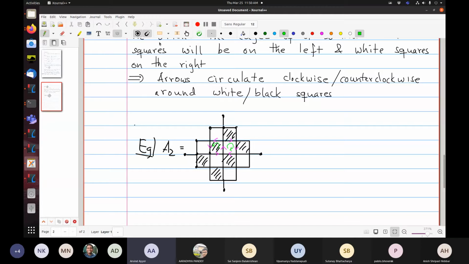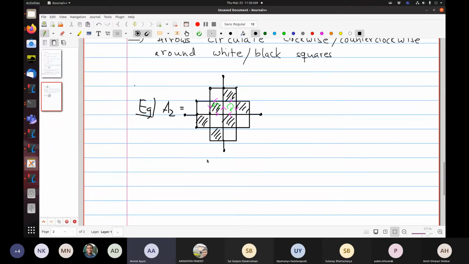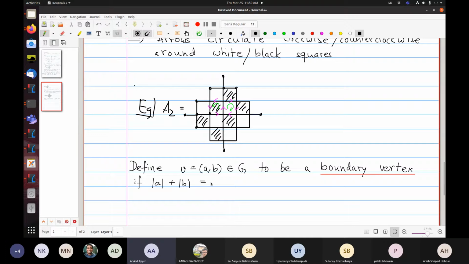Okay, very good. That takes care of that. So now define a vertex V, which is (A, B) in G, to be a boundary vertex if |A| plus |B| is equal to n or n plus 1.